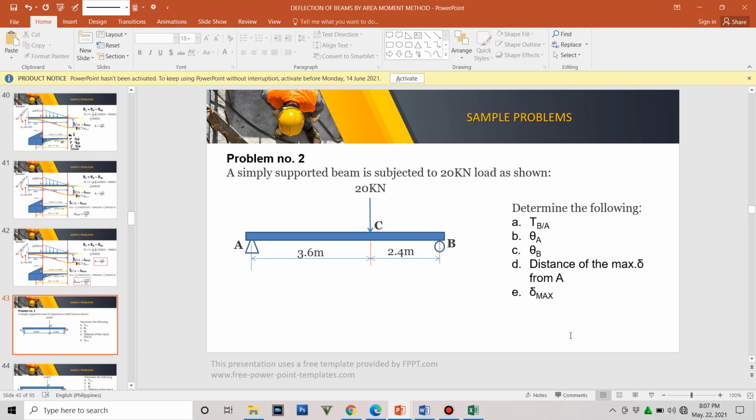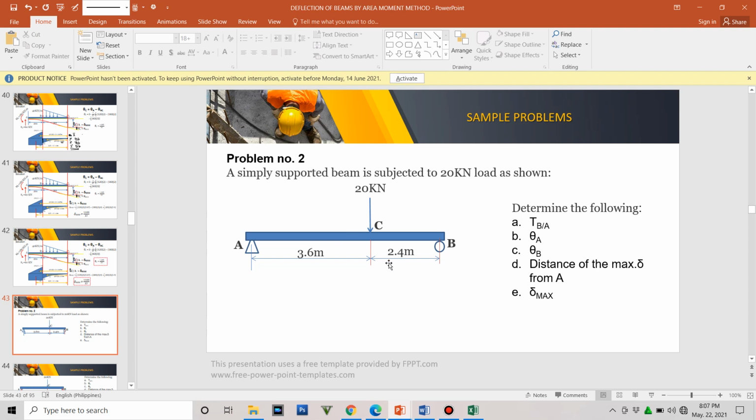We determine the deviation of B with respect to the tangent at A. We will draw the tangent at A and then extend the tangent line to B. Then we compute for the slope at A, also the slope at B, and then the distance of the maximum delta from A. The maximum is not at the middle because the 20 kilonewton load is not symmetrical.